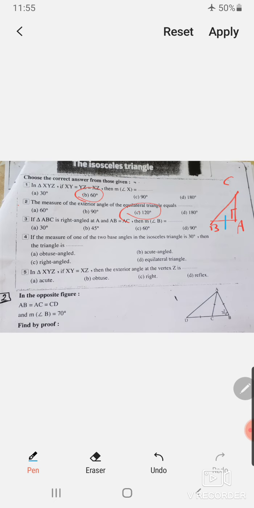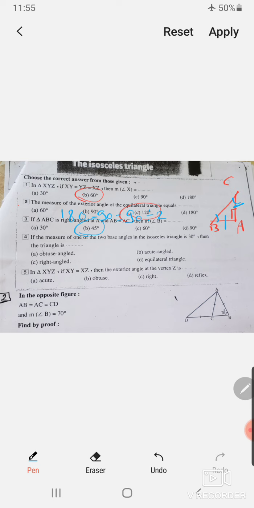AB equals AC, so this is isosceles. Of course, measure angle B equals measure angle C. I want to find measure angle B. How can I get it? Yes, exactly. I make 180 minus 90, and the answer will be 90. Here you have two angles, so divided by 2, it equals 45 for each one.